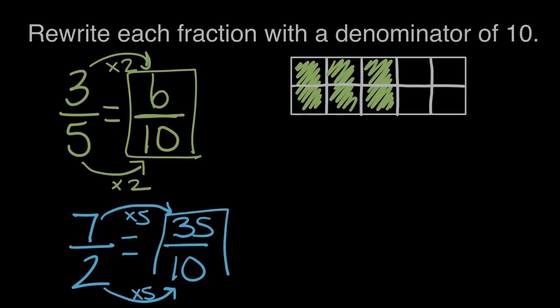So 35/10 is equal to 7/2. So to change these two fractions to have a common denominator of 10, 3/5 will become 6/10, and 7/2 will become 35/10.